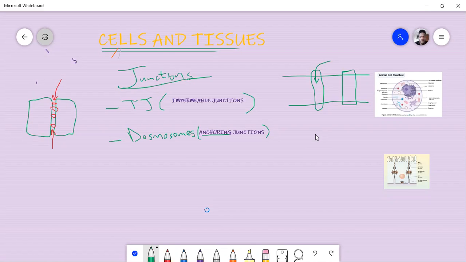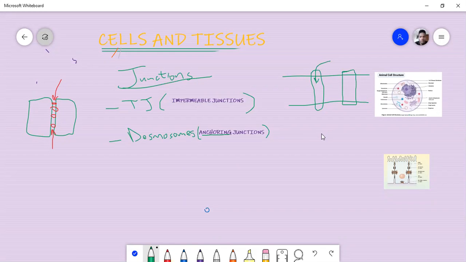There's friction day in and day out between surfaces, like you're sitting right now in your chair, rubbing your skin against that chair or table. So the desmosomes prevent the skin cells from moving away from each other. They anchor the skin cells.